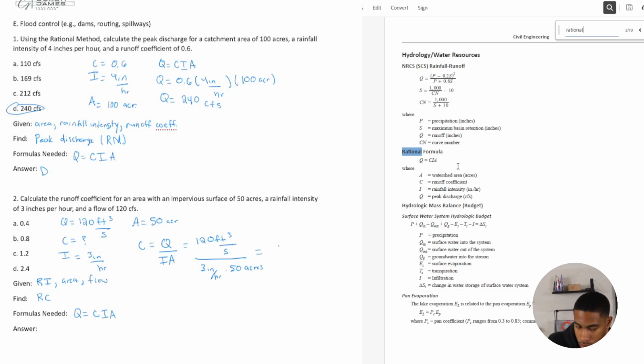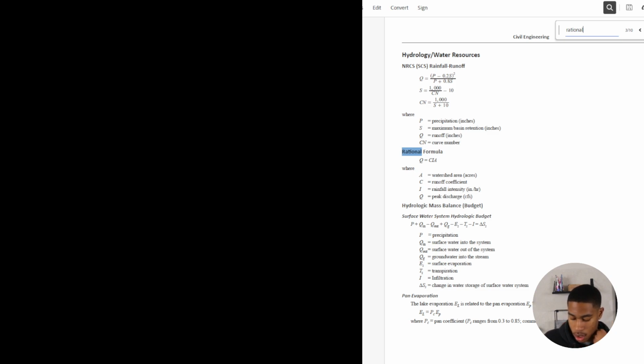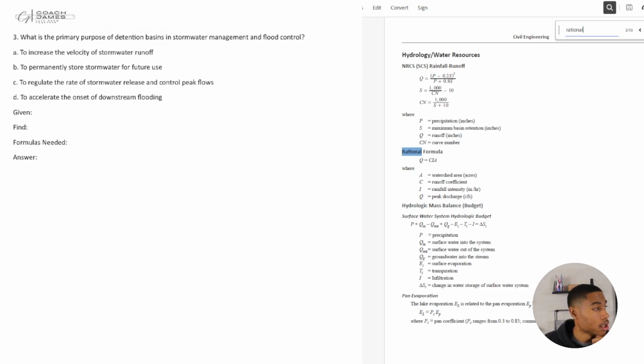That is equal to 0.8. Cool. 0.8. So B. So I know that my runoff coefficient is going to be 0.8 for this question. Let's look at number 3.